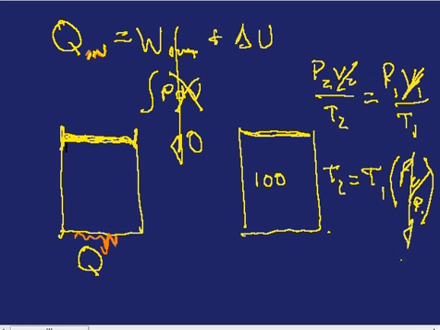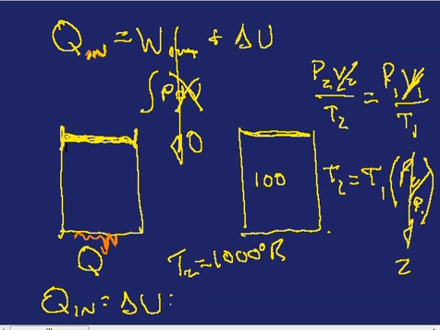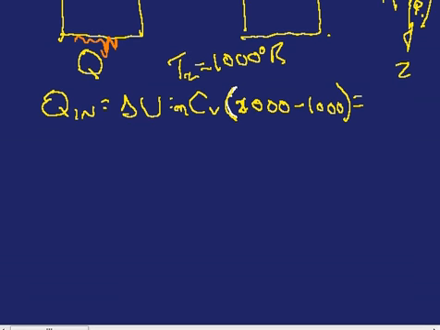If we're doubling the pressure, then T2 is equal to 2000 degrees Rankine, and the heat that we put in by the energy balance, Q in, is simply delta U, which is m CV delta T, and delta T is 2000, because it doubled, minus 1000 that we started with, or 1.35. Let's solve that. 1.35 times 0.17 times 1000.